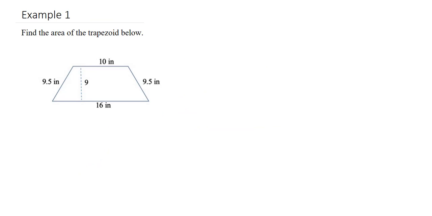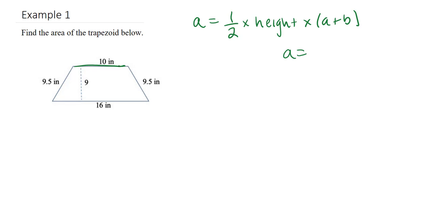So example 1, let's find the area of the trapezoid below. Let's go ahead and rewrite. Now, let's say A. Well, A could be right here, this top half. And then this bottom half could be B, because these are the lines that are parallel.